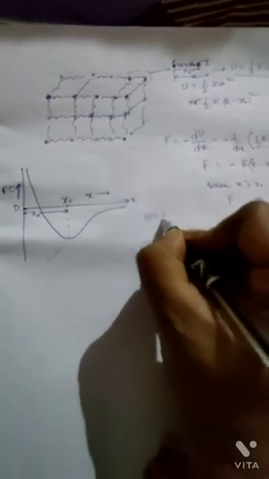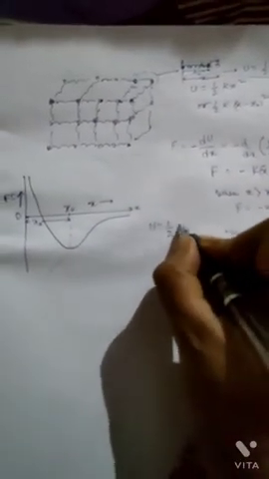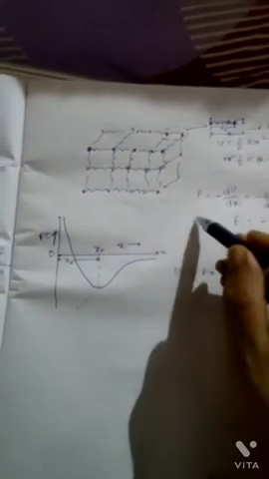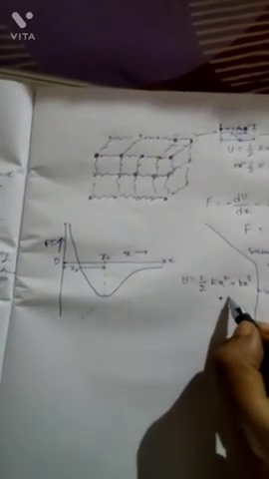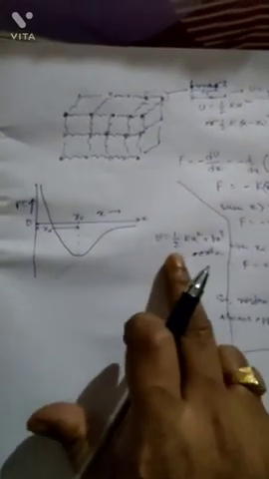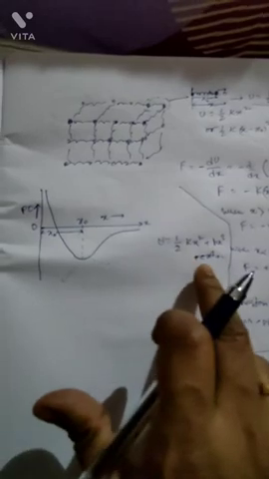Actually here the potential energy is equal to half k x square plus b x cube plus c x to the power 4, like this. This is the actual structure of the potential energy of the elastic bond.